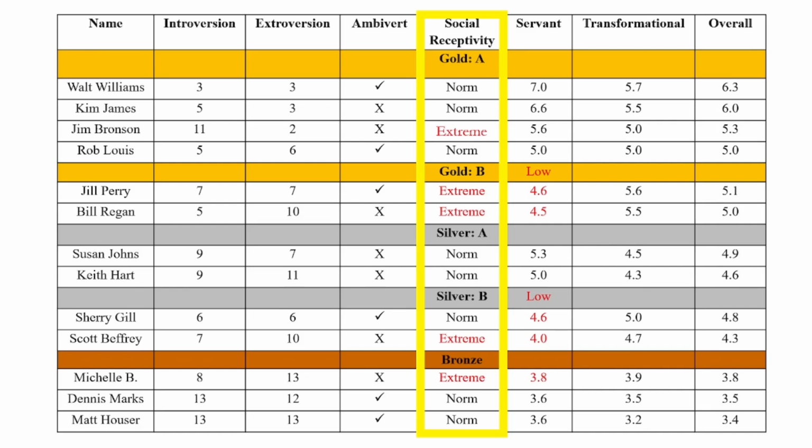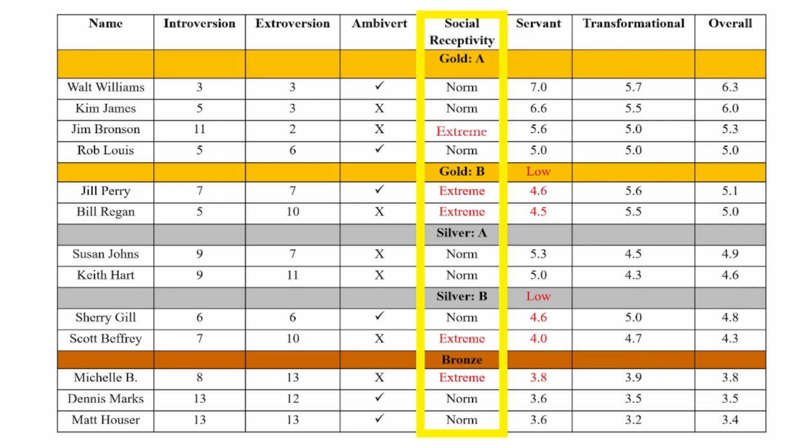But I would take Susan Johns and Keith Hart over Jill Perry and Bill Regan in gold standard B, simply because their social receptivities were normal and their servant leadership scores were higher than a 4.0, in spite of the fact that their overall was a 4.9 and a 4.6. 4.9 is still pretty good. I mean, that's a good score.